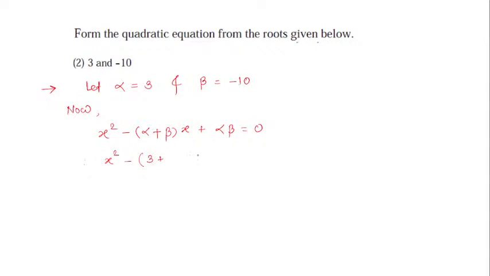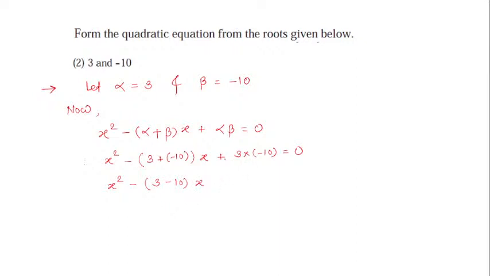As the negative sign is there, we should take that 10 inside the bracket, and the second bracket completes, into x plus alpha into beta. So we have to take the product of these two, that is 3 into minus 10, equal to 0. So we get here x square minus (3 plus minus will become minus 10) into x.